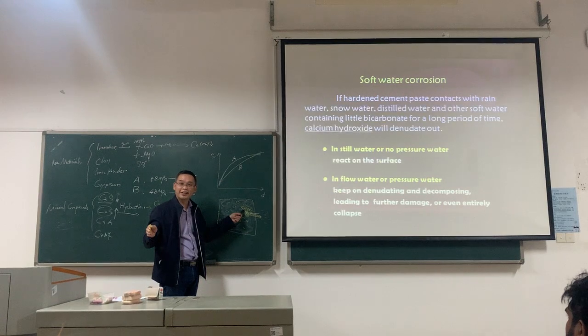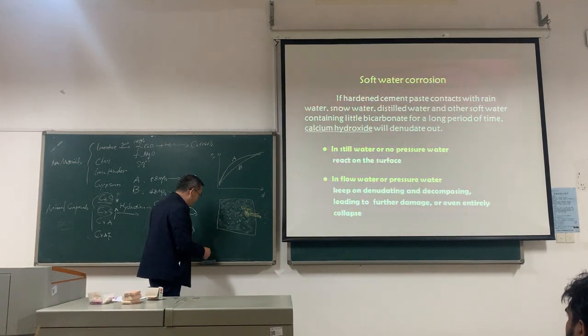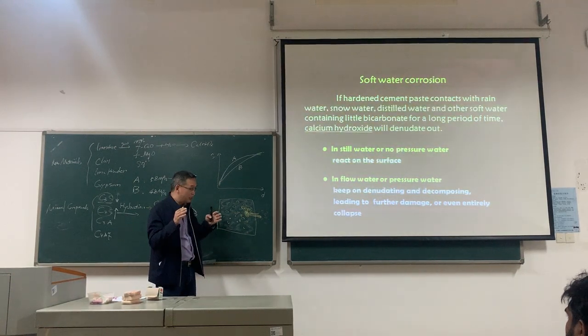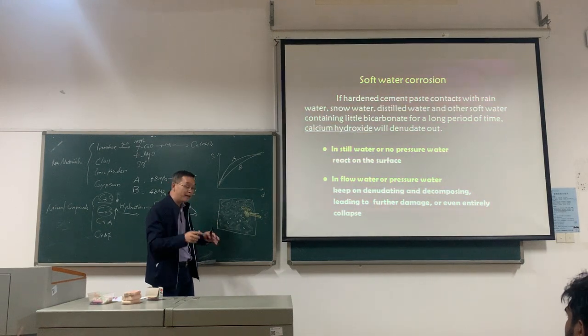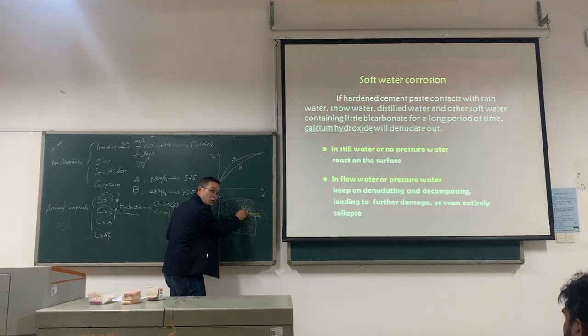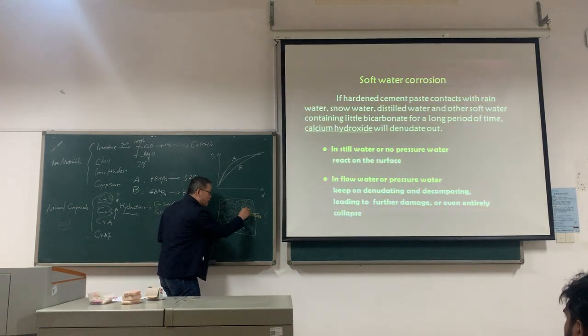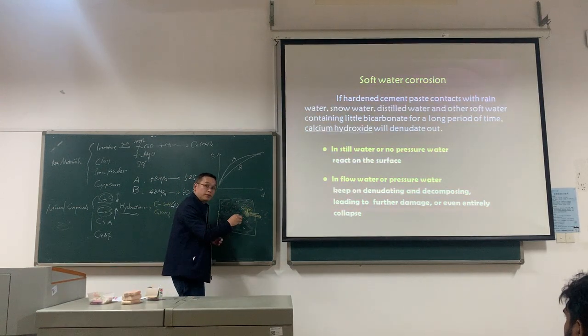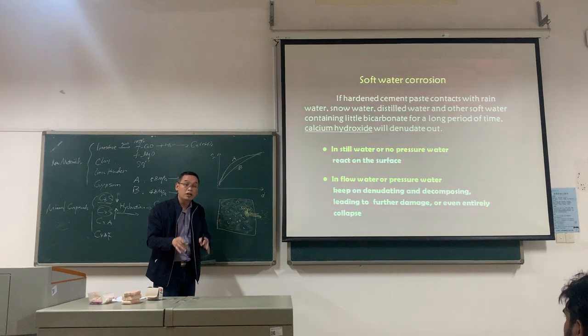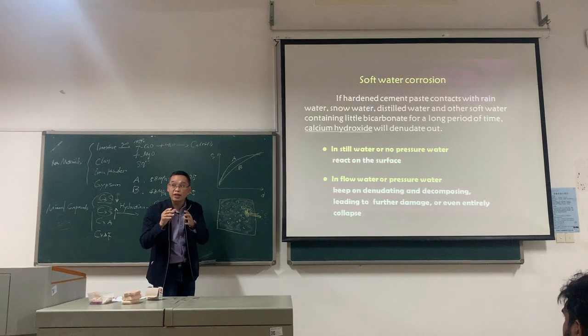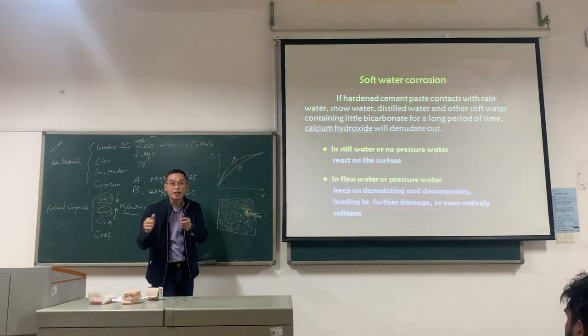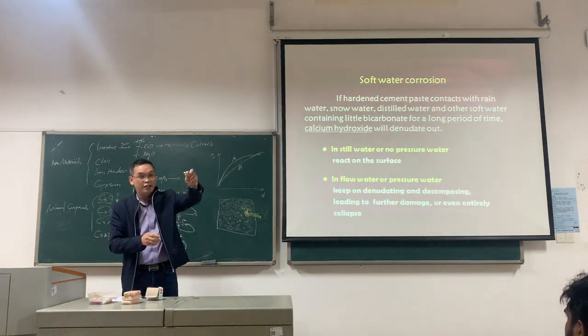At the beginning, the calcium hydroxide is solid, so the volume is a solid volume. And then it will dissolve into water, so the solid volume will become a pore. Just like this.